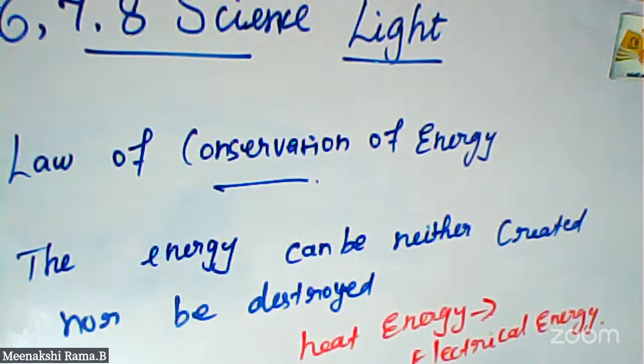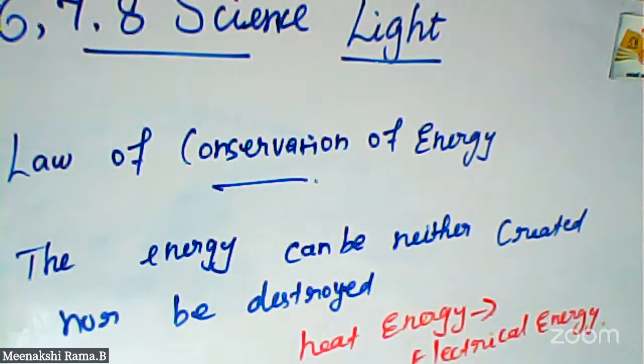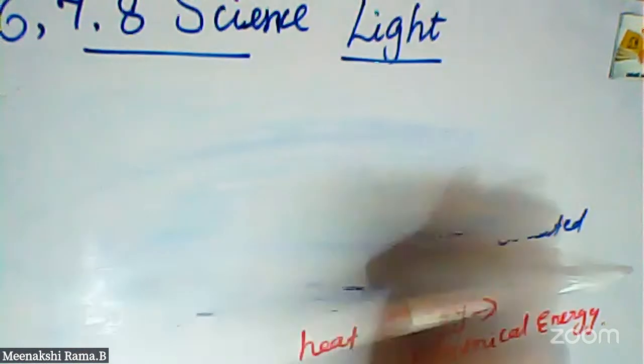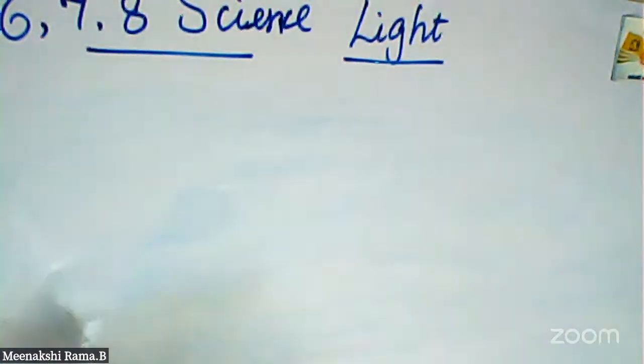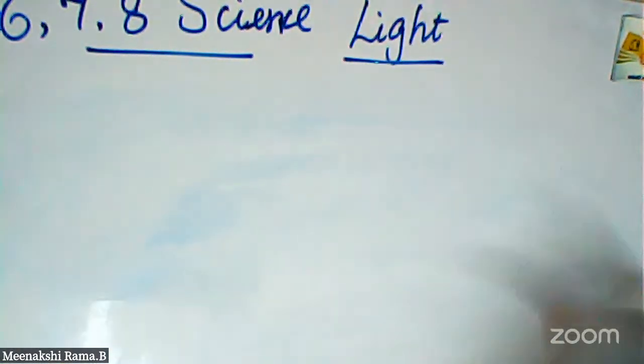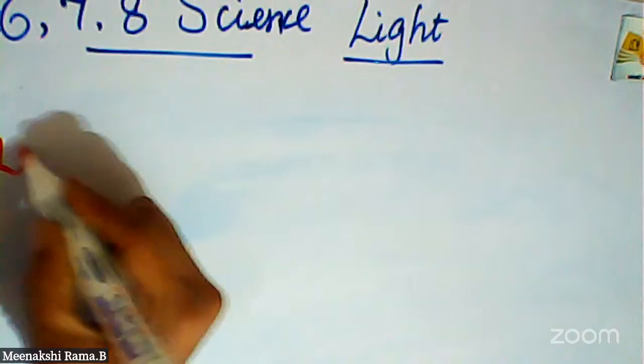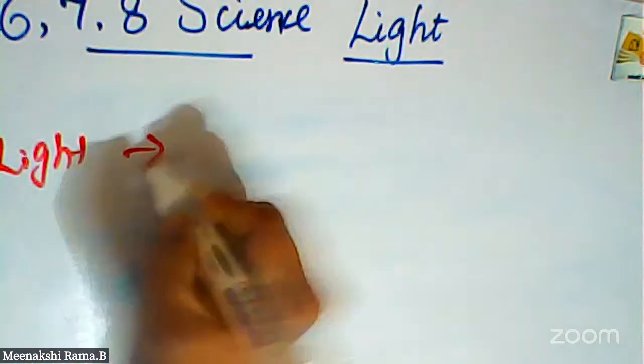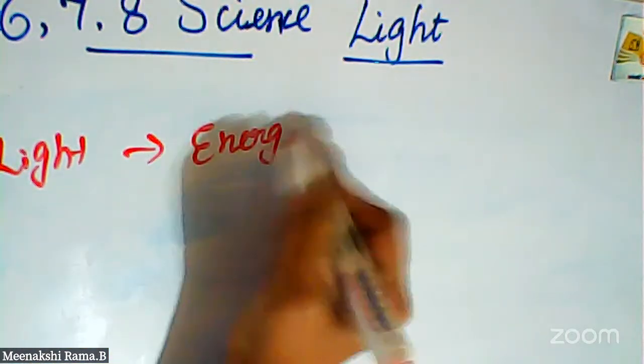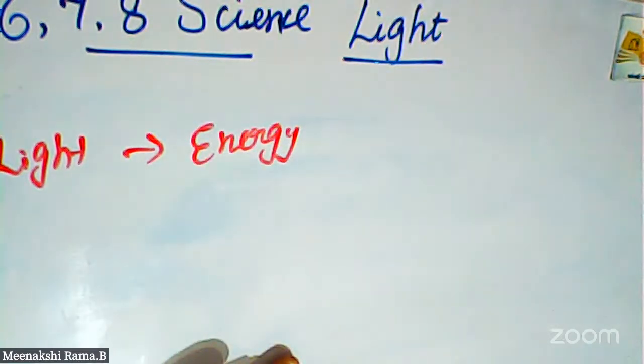In this session, we are going to learn some properties of light energy. How is light created? Light is a form of energy. The light travels in a straight line.